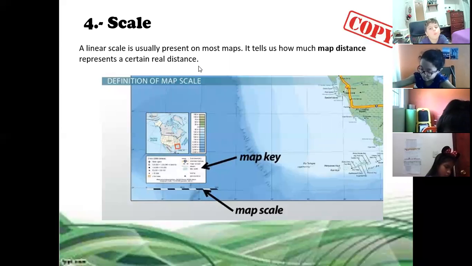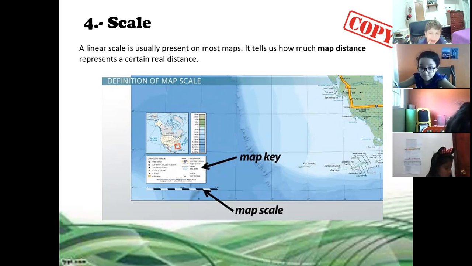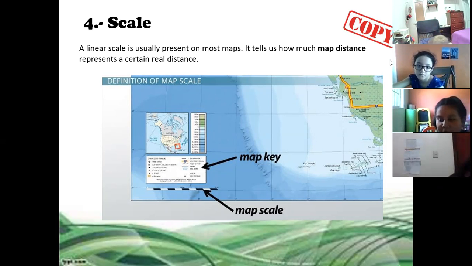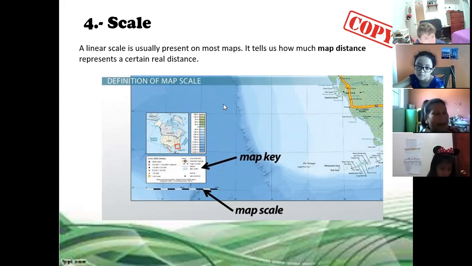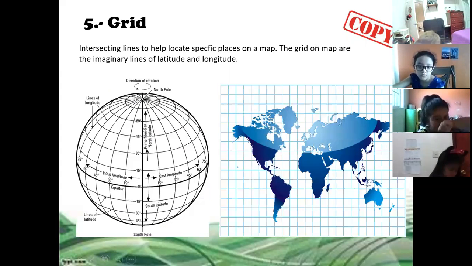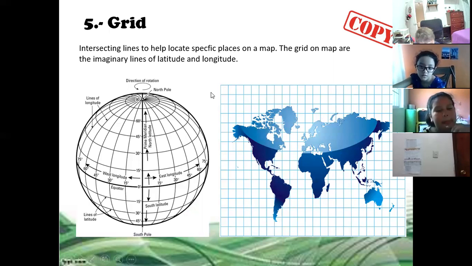Remember, these are map keys. Sometimes in the maps appears something like a sign of a plane. Continue. The last one. Grid. The last one is grid.